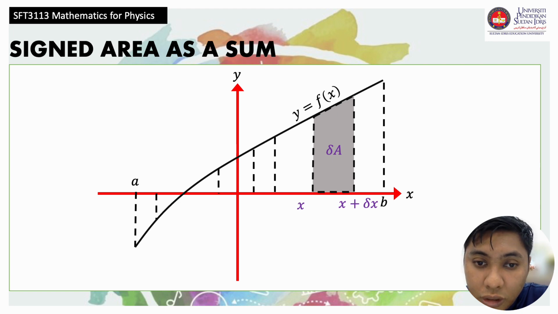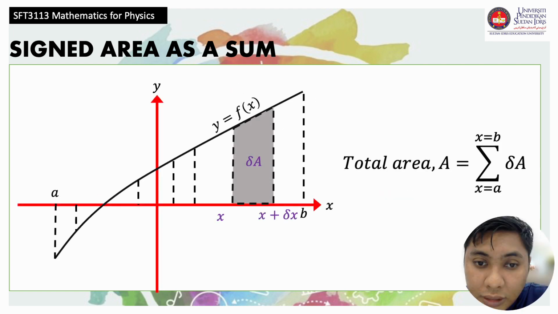And the total area: we know the total area from A to B is multiple. You need to add up all the fringes, fringe A, B, C, all the fringes.